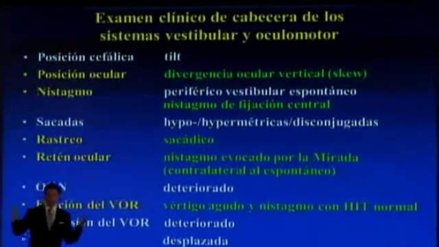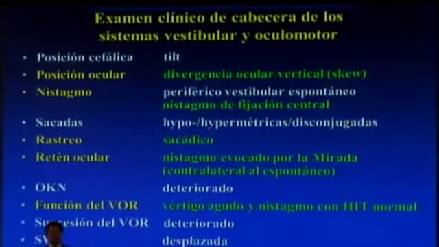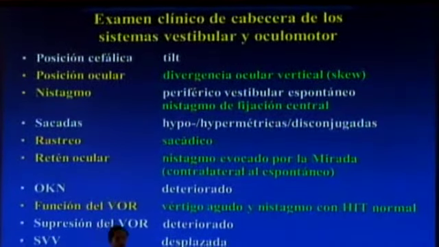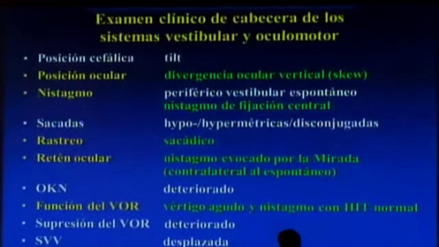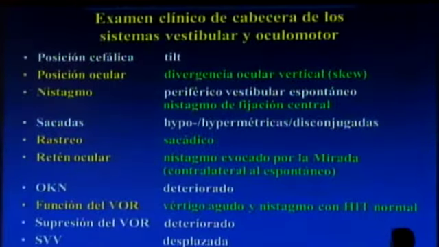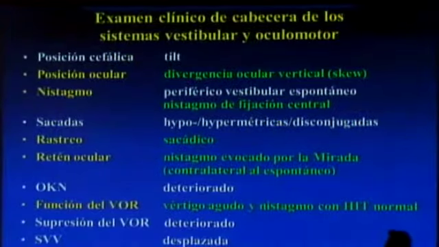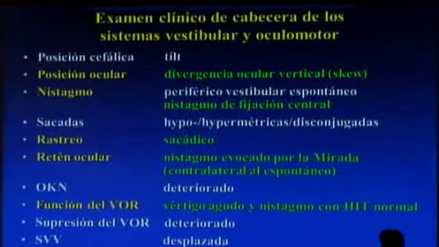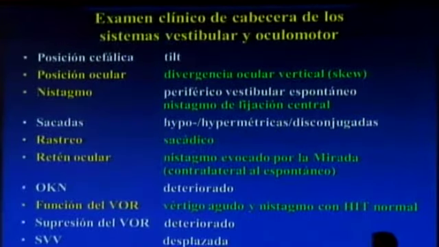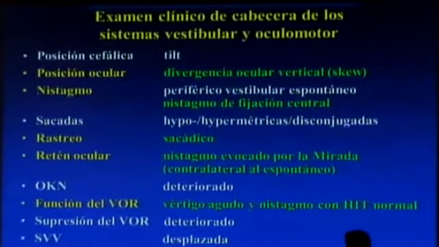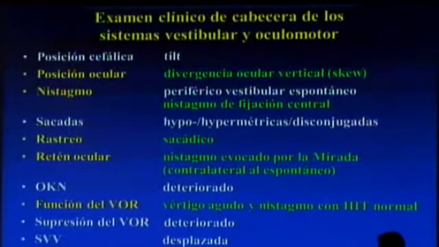So maybe we can do that in a similar way. First look at the head position, then look at the eye position, then look at the nystagmus. You can examine the saccades, whether they are hypo- or hypermetric, conjugate or disconjugate as in an internuclear ophthalmoplegia. Smooth pursuit, smooth or saccadic.